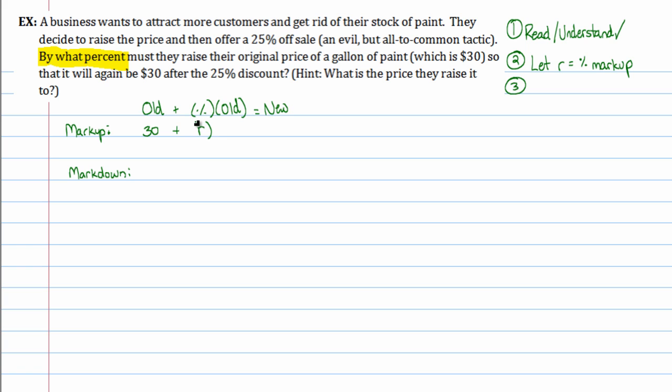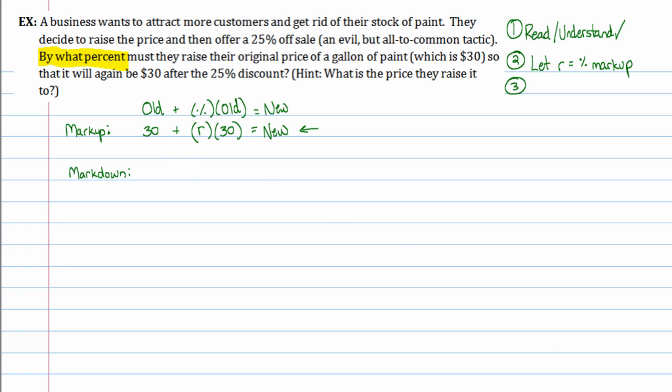So that's just going to be R. That's our percentage that we're marking up, but we still know the old price is 30. And they didn't tell us what the new price is, did they? No, so I'm just going to say that equals some new price. Sad but true, that's the way it is. So here's one equation.